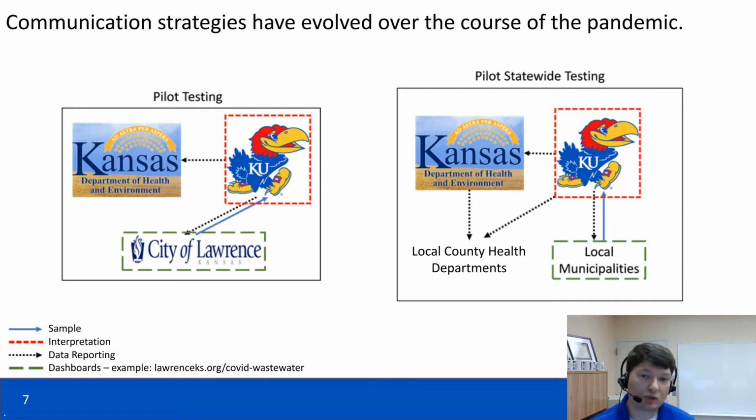And then for the most part, the dashboards, which have become pretty common and popular, we mostly relied on local municipalities showing interest and if they wanted to report and develop a dashboard. And so Lawrence developed a dashboard, which is still live, and the link is there if you're interested in seeing that.